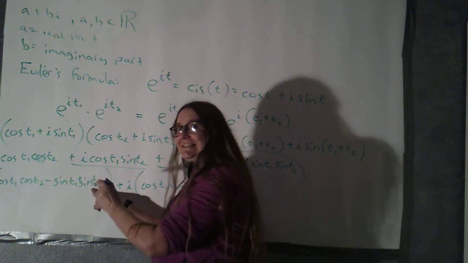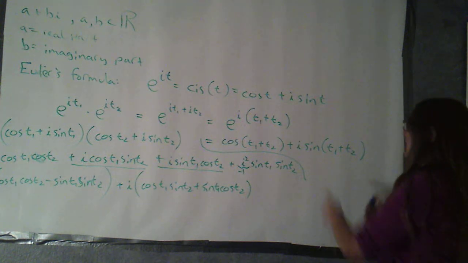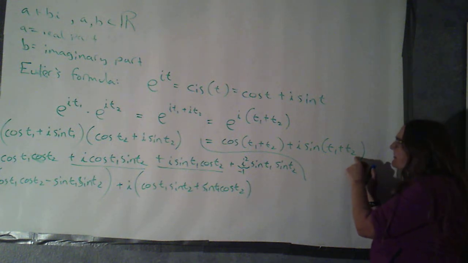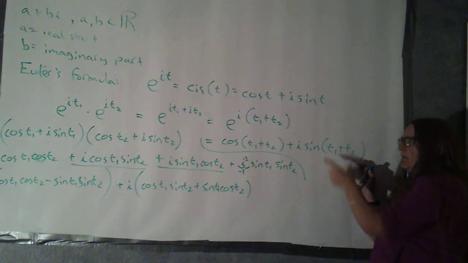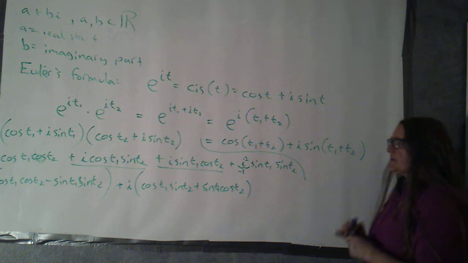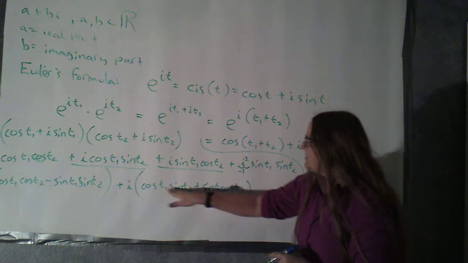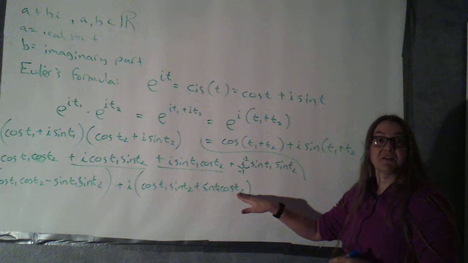That is cosine of (t1 plus t2). Now if I look at the imaginary part, that's sine of (t1 plus t2). So let's see, if I remember the sum formula for sine, I could work that out. If I don't remember it, I can cheat, and I can see that it's cosine of t1 times sine of t2 plus sine of t1 times cosine of t2.